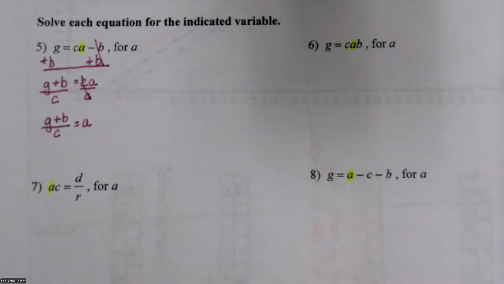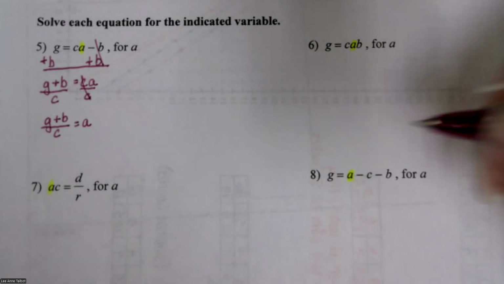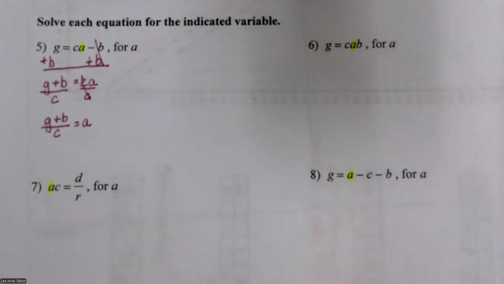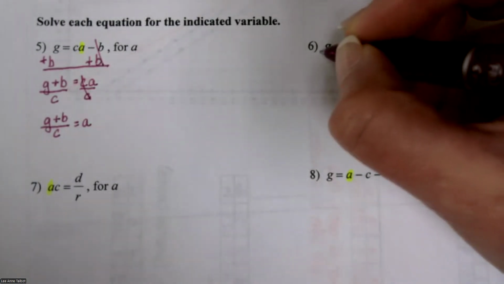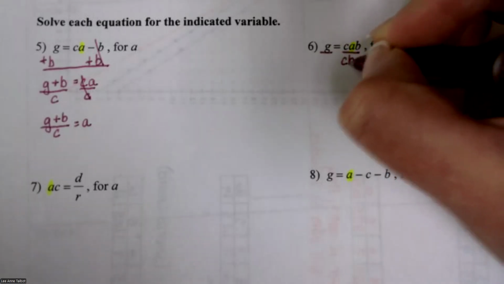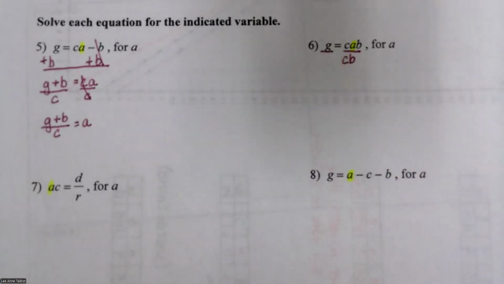Okay. Now, Evan, was it you that wanted 6? Okay, so for 6, the trick on this problem, it's not a trick, it's a piece of information that you need, is that when you divide, you can divide by multiple letters at the same time. So this is all multiplication, so I can divide by C and B at the same time.